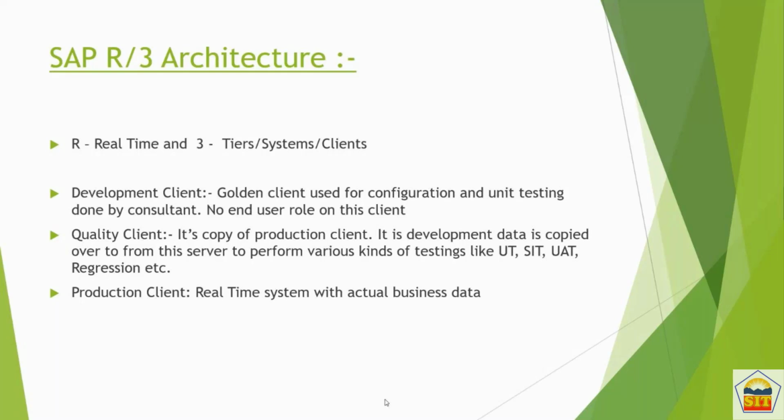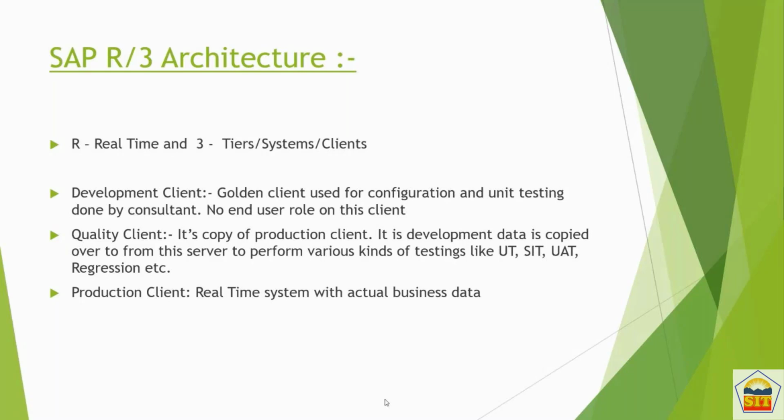But before we go to the production client, as I just shared with you, we need to work on some rough notebook. For that we have been given the development client, and we have been given the quality client. As a consultant, if I need to do any kind of development or any kind of configuration, I will go to the development client, and this development client is also known as the golden client.